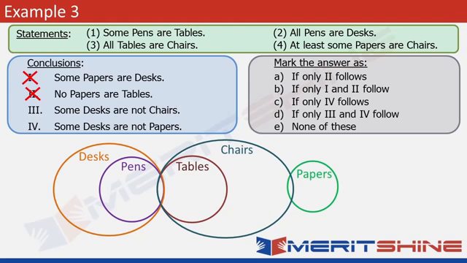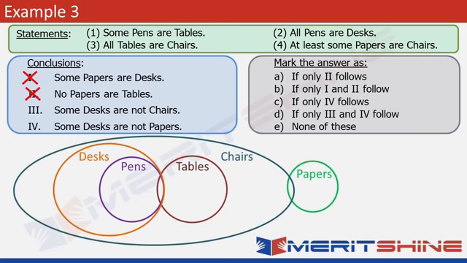Okay, conclusion 3. Some desks are not chairs. Now, what is the condition given on chairs? There are two, statement 3 and statement 4. 3 says all tables are chairs, and 4 says some papers are chairs. So, if we do not violate these two conditions, we can do anything with chairs. So, that anything can mean something like this as well.